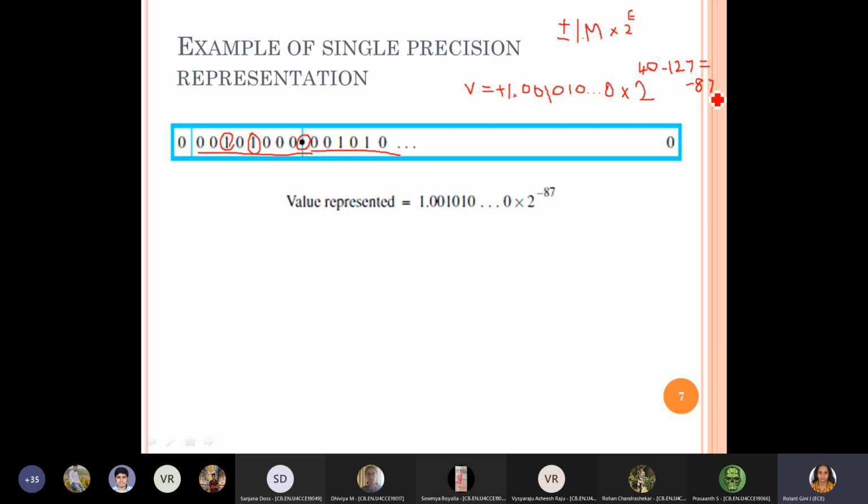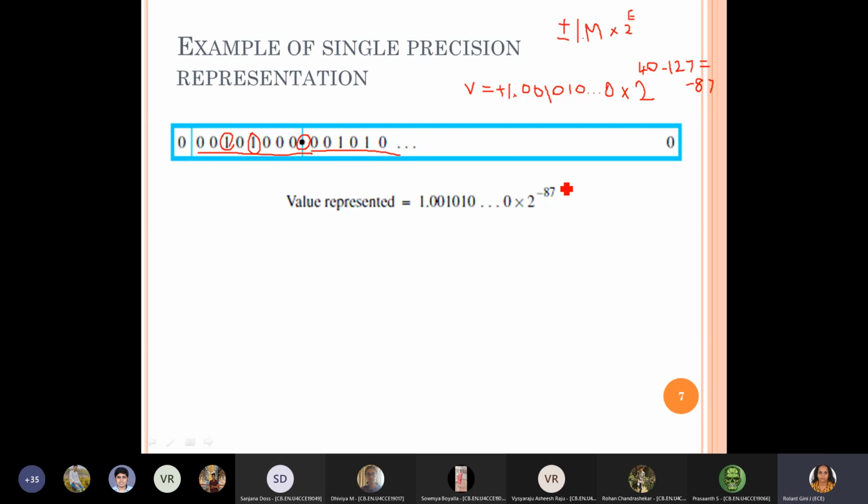Now when you look at the number, since it's positive, we haven't represented a plus sign. You have 1, the binary point, and then the mantissa straight away, times the scale factor 2 power minus 87.